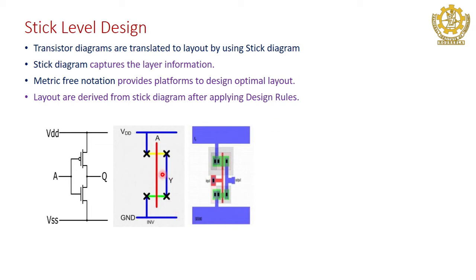Metric free means it does not have any dimension; there is no requirement to remember any dimension while doing a stick diagram. And there are certain other rules you will learn in VLSI design lab: VDD will be on top, ground at the bottom layer, and in between, vertical poly is sometimes more effective for designing an optimal layout.